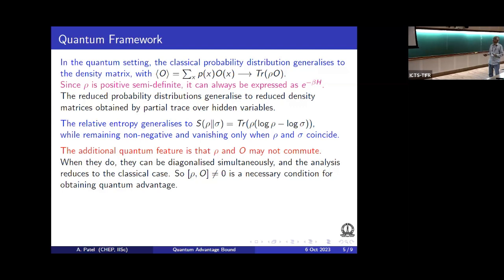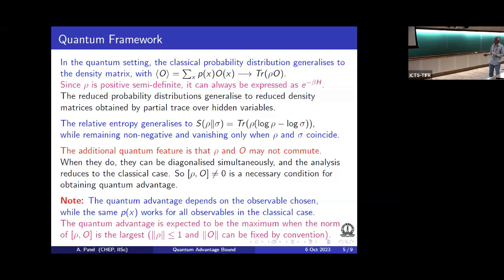So in fact, the commutator of rho and O being non-zero is a necessary condition for obtaining quantum advantage. If that is not true, then you will just use the classical model. There is no need to complicate your life and go into a quantum description. And this feature is kind of peculiar because the advantage depends on the observable that you are trying to measure.